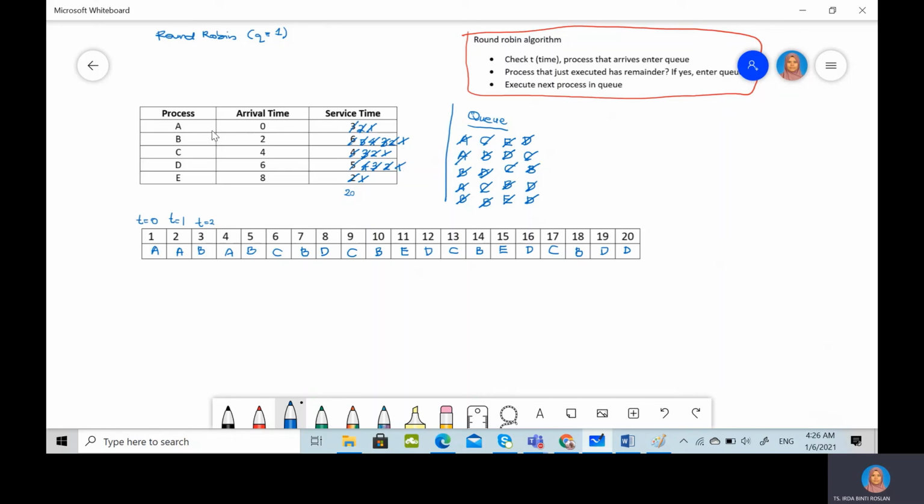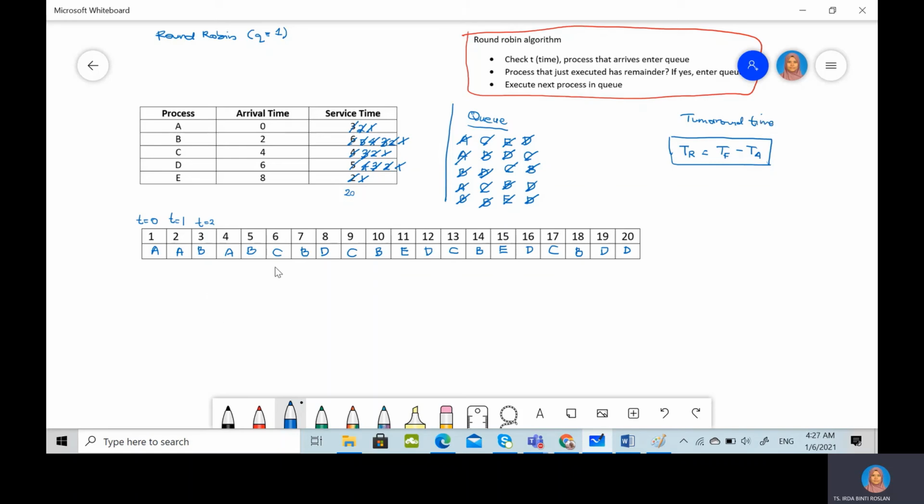We know the formula to get the turnaround time. I put it as TR. Turnaround time equals finish time minus arrival time. This is the formula for turnaround time.